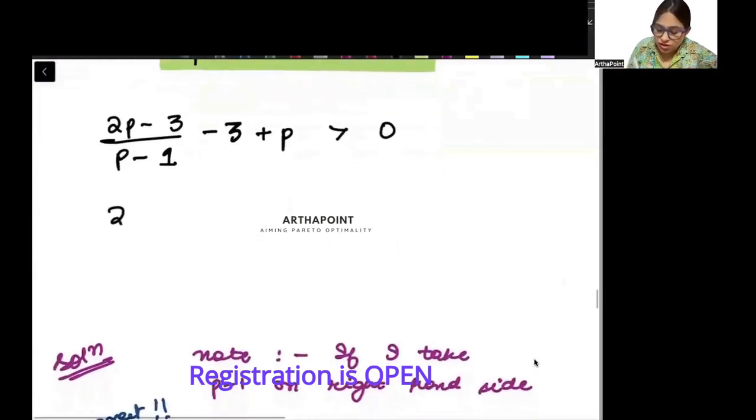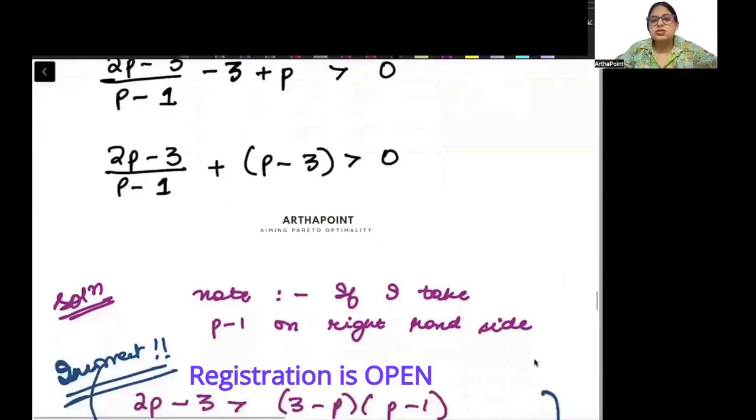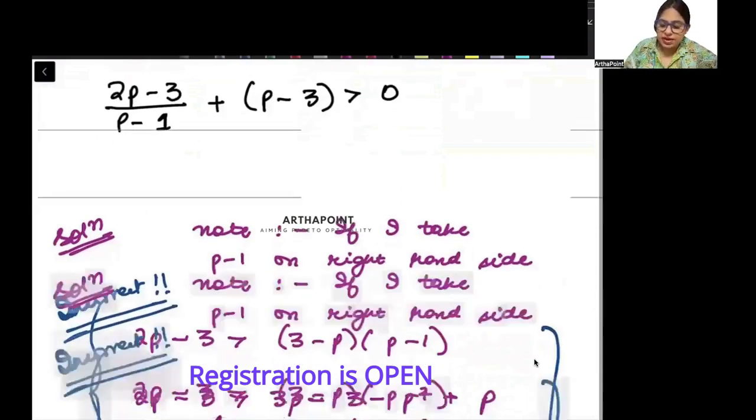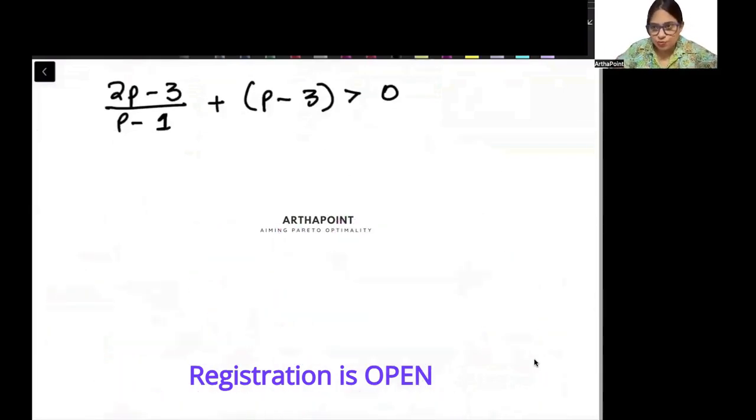So you will get (2p minus 3) upon (p minus 1) plus p minus 3 greater than 0. Okay, this will be 2p minus 3 into, look carefully, plus this I can take in the numerator.